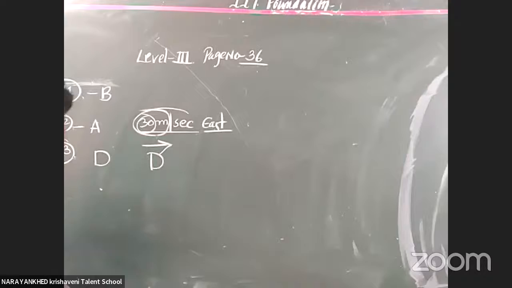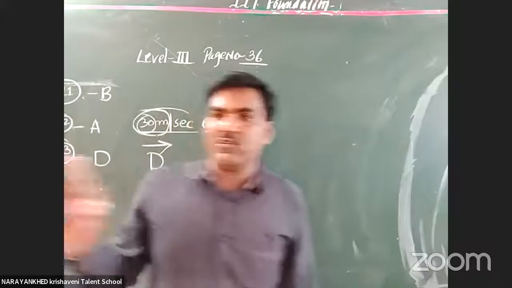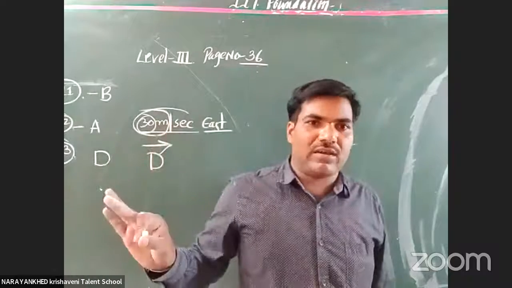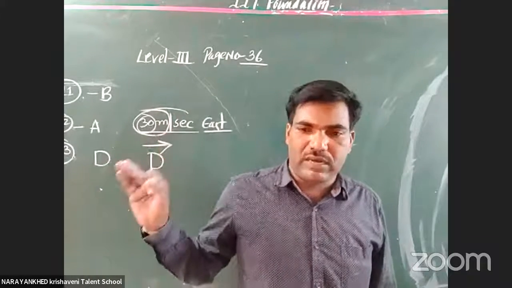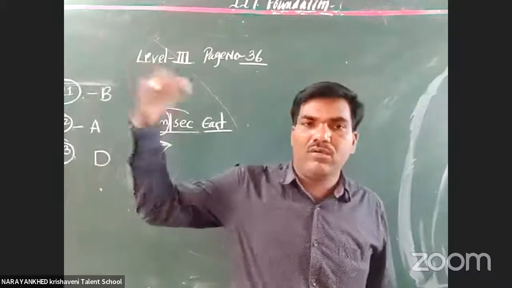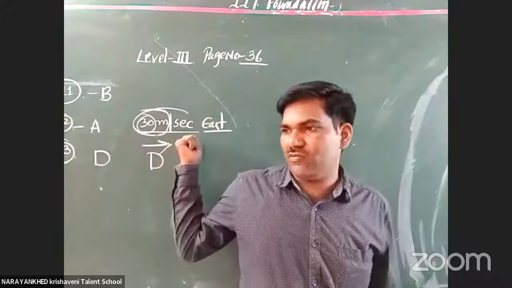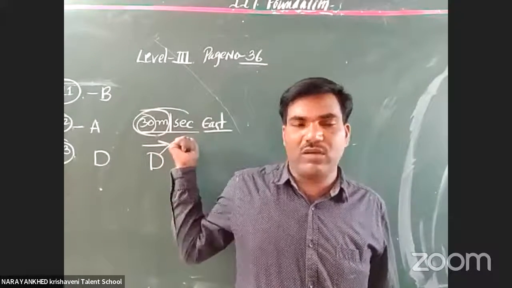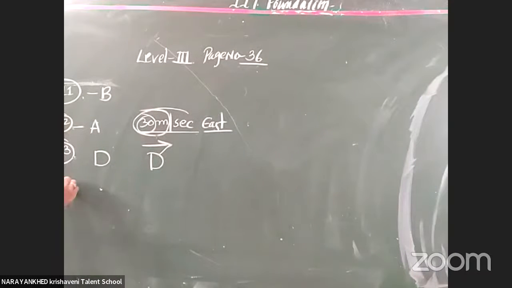The remaining are simply letters. When simply letters are written, it is not called a vector. Clear or not, all the students? When we write an arrow mark above the letter, only then is it called a vector. Understood? This is the 13th question answer.